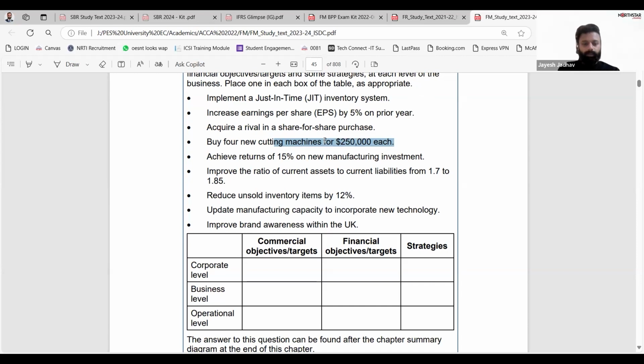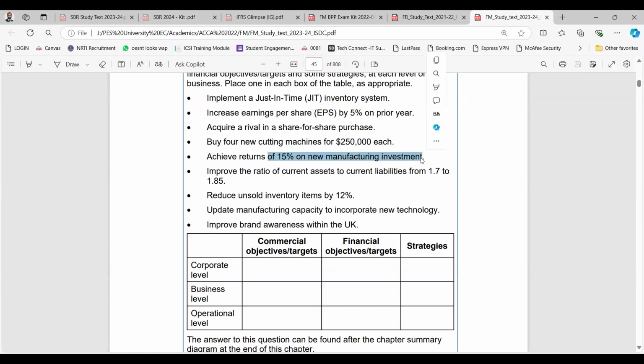Okay. Fine. Achieve 15% returns on new manufacturing investment. That's business level commercial objective. Business and commercial, so that's B1. Okay. Improve current assets to current liabilities ratio from 1.7 to 1.85.